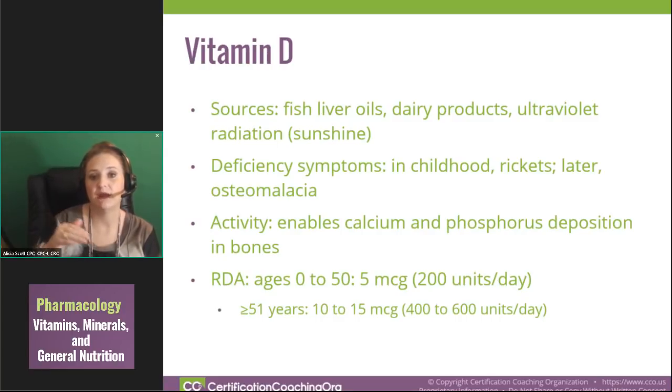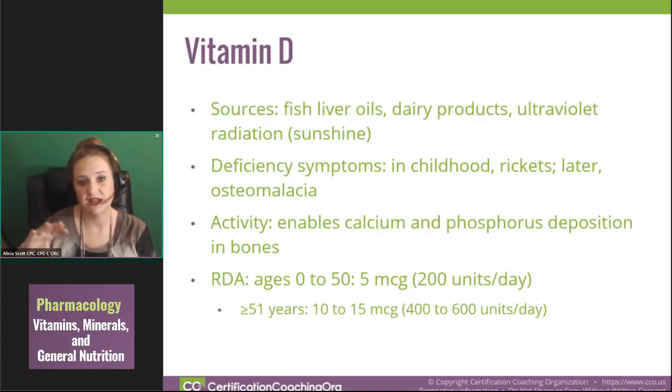But people that maybe reside in places where the sun isn't out as much, like Alaska, could have deficiencies in vitamin D, or children that weren't out in the sunshine would have vitamin D deficiencies.